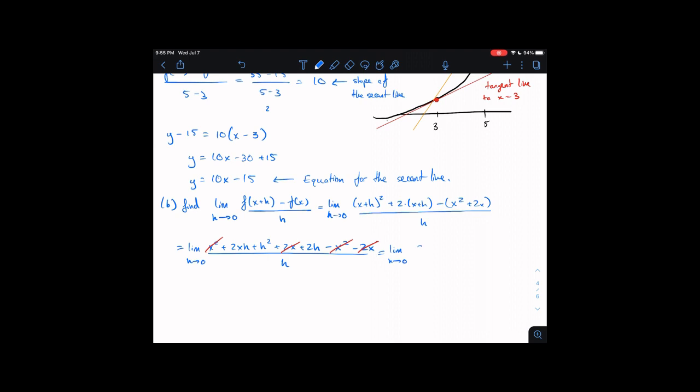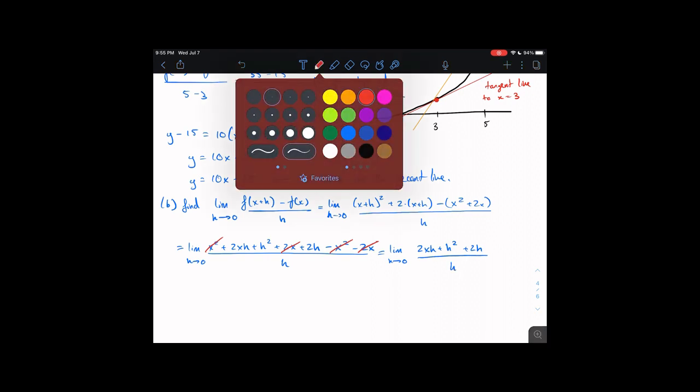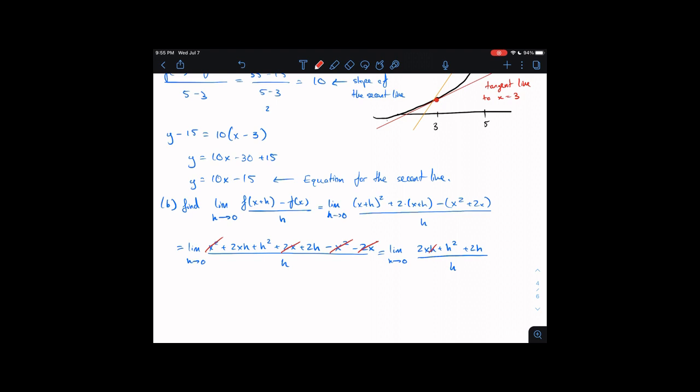If I don't have an h term in everything on top, chances are I did something wrong or the limit doesn't exist. But I do. So I can cancel those as well. I cancel 1 h from everything up top, and it allows me to cancel the h on the bottom. And then this gives me the limit as h goes to 0 of 2x plus h plus 2.